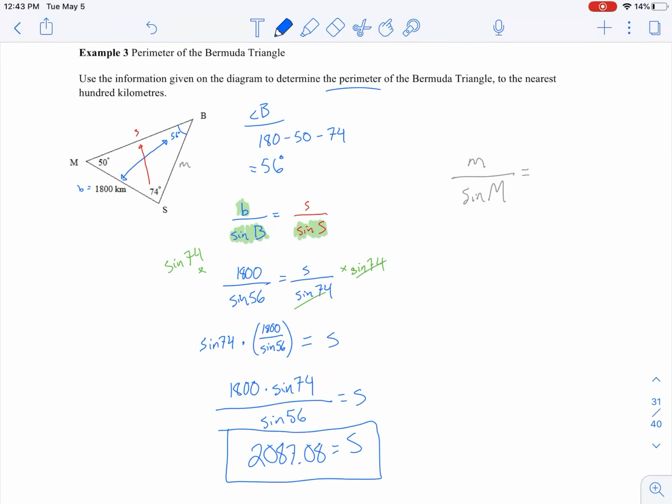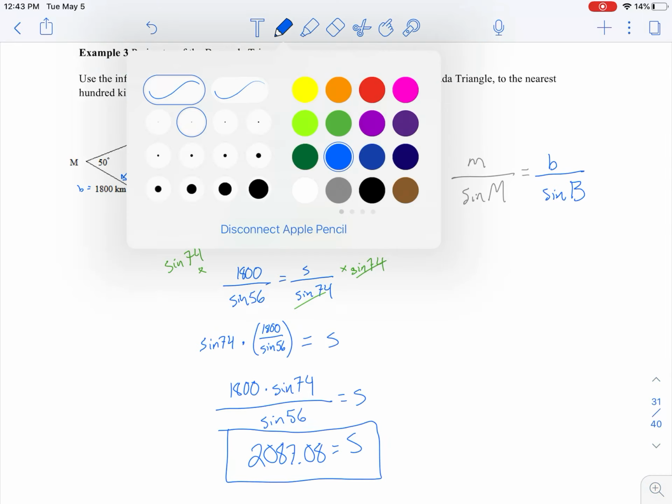So the ratio that's given was B over sine B, which is 1800 over sine 56. Notice if we go through this, we know half of them.